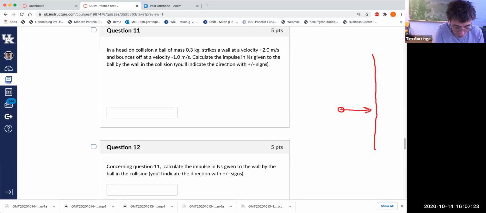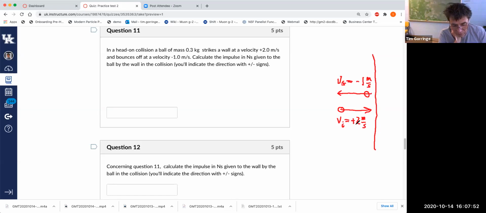So here comes the ball heading towards the wall, and here the velocity, I'll call it V initial, is plus 2 meters per second. And then it bounces off the wall, heads back in the opposite direction. And here the final velocity, I call it VF, is minus 1 meter per second. And the signs indicate the directions and the numbers, the sizes here.